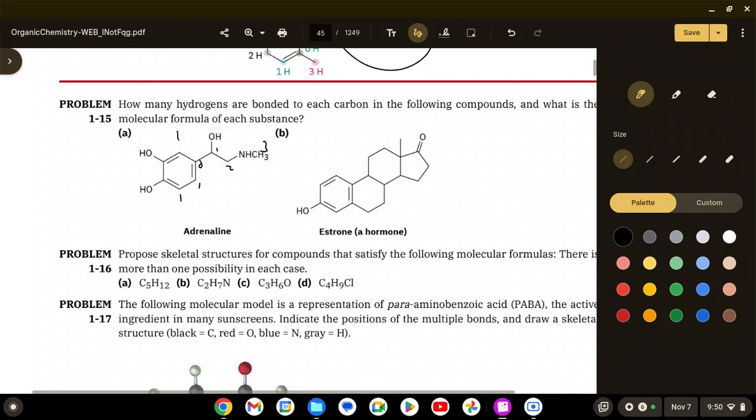So 1, 2, 3, 4, 5, 6, 7, 8, 9 are attached to carbon. And this is C9. 1, 2, 3, 4, 5, 6, 7, 8, 9, 10, 11, 12, 13.